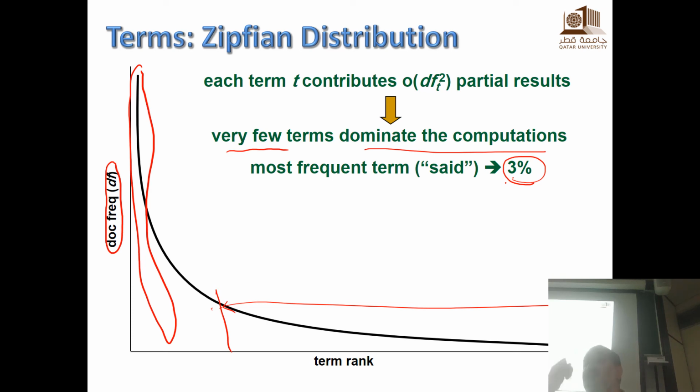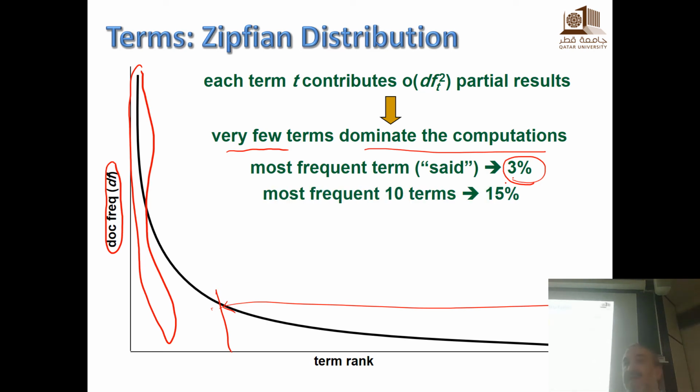Just one term, one out of maybe millions of terms, contributed 3% by itself to the pairs because it appeared a lot. The most frequent 10 terms contributed 15% of the intermediate records.